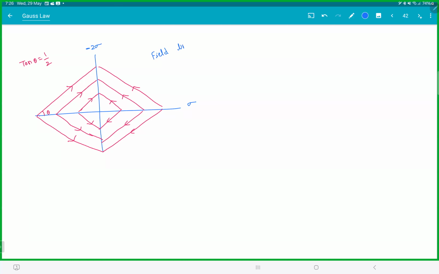And remember what equipotential surfaces are? The equipotential surfaces are perpendicular to the field lines. Or you can say the other way, the field lines are perpendicular to the equipotential surfaces. Meaning you have to draw lines perpendicular to these. So that means we need to draw surfaces like this.